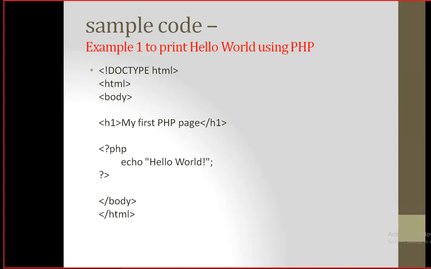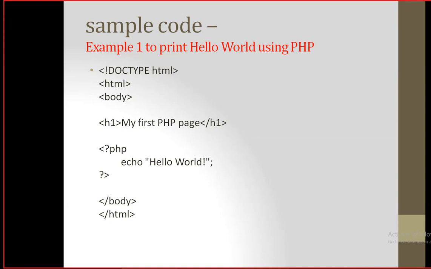So this is a simple example of printing a hello world message on a HTML document. Firstly, to print out anything on the HTML page, we use the echo statement and we mention the message in double quotes. If we have to print any variable, we will mention that variable without double quotes.